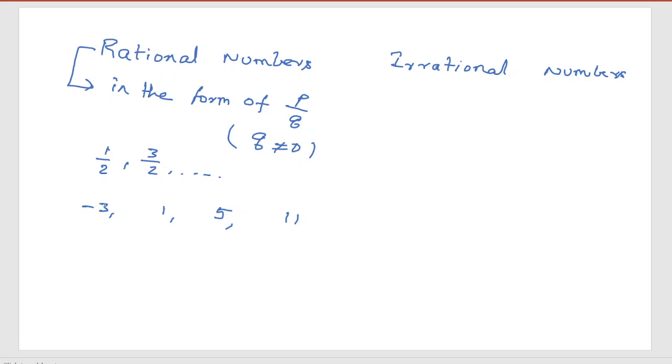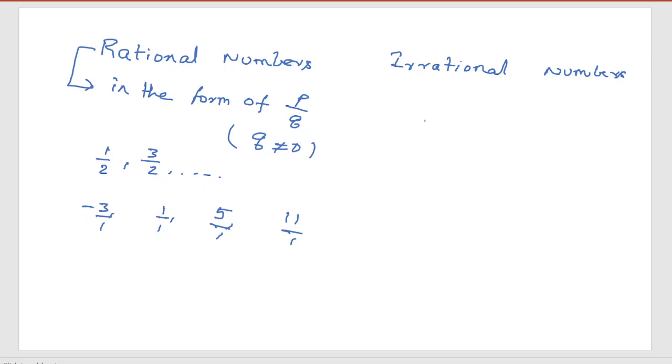If you take the negative integer minus 3, we can write it as minus 3 by 1, which is also a rational number with denominator q equal to 1. So 1 by 1, 5 by 1, 11 by 1. Any integer you take can be written as a rational number. So all integers are rational numbers. Other than the integers, we have 1 by 2, 3 by 2, and all these are also rational numbers.